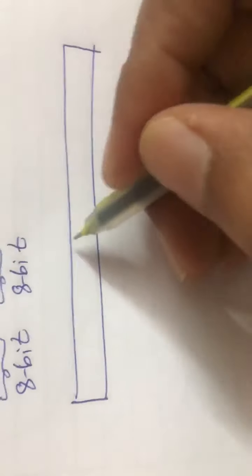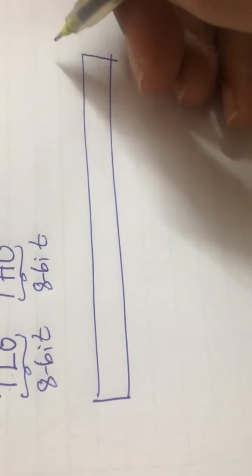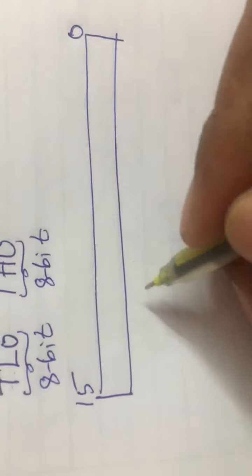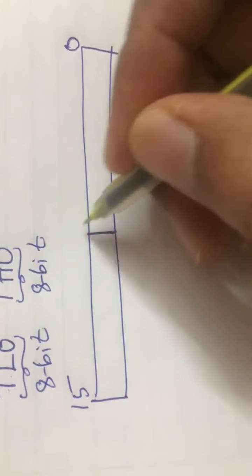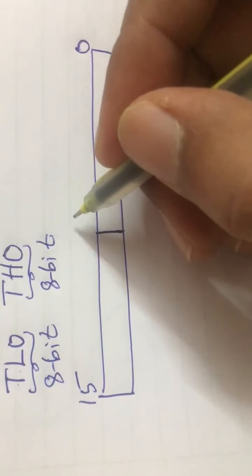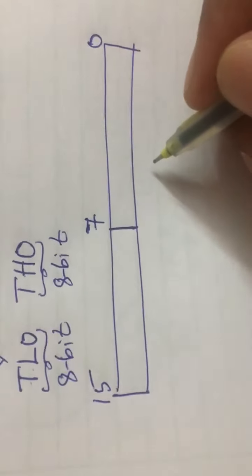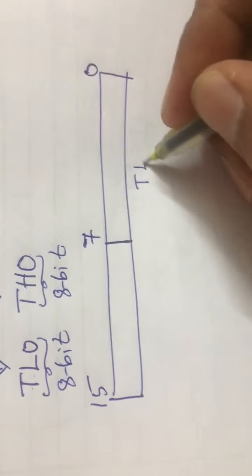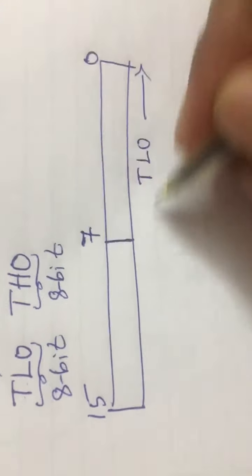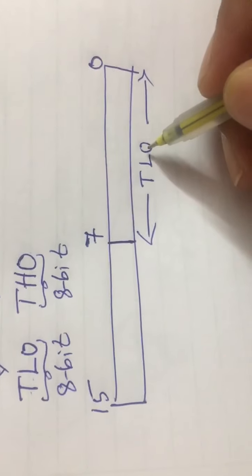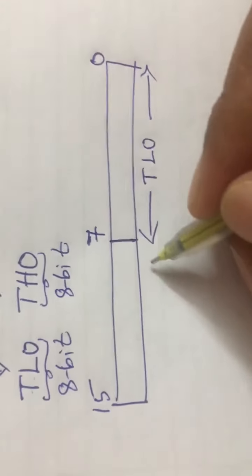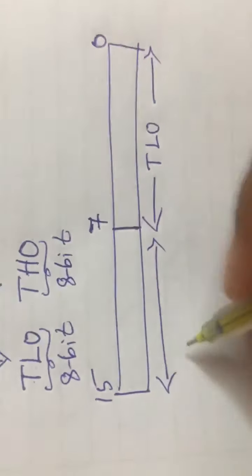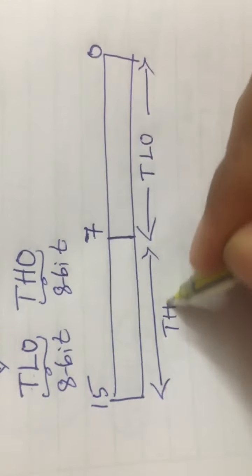If I take the 0th bit and the 15th bit, somewhere in between I will get the 7th bit. So the TL0 will be this one, from the 0th to the 7th bit, and from the 8th bit to the 15th bit it will be TH0.